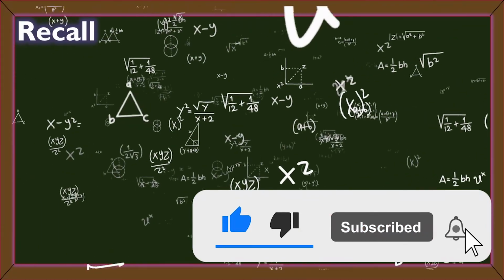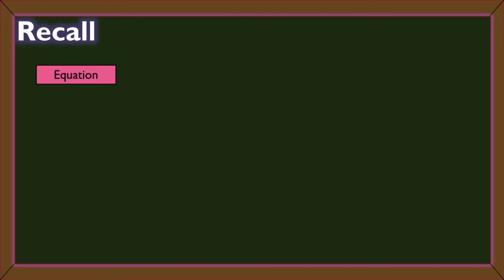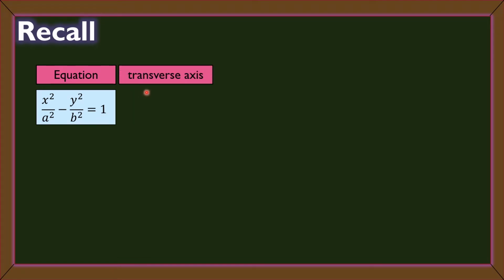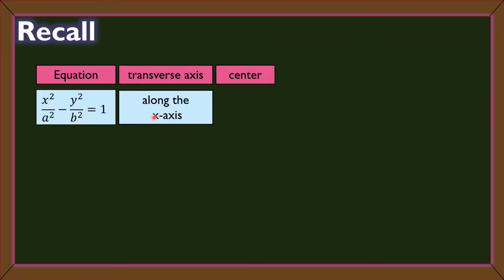During the discussion of the hyperbola with center at the origin, we learned that if the equation is given by x squared over a squared minus y squared over b squared equals 1, the transverse axis is along the x-axis. The center is at (0, 0), that is the origin.